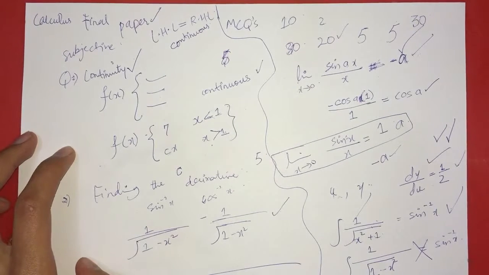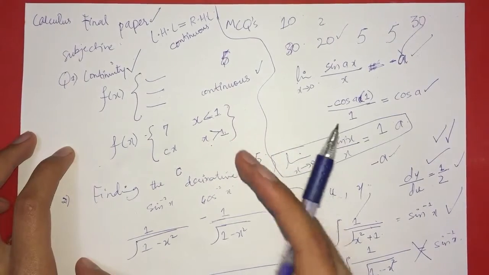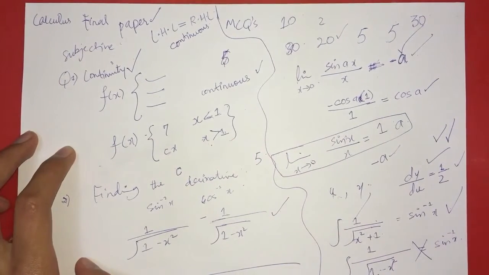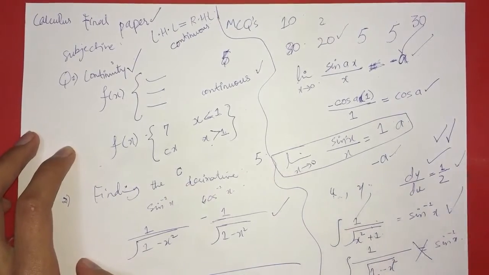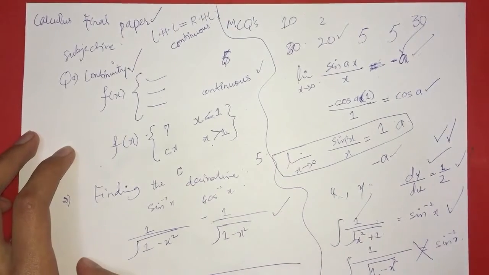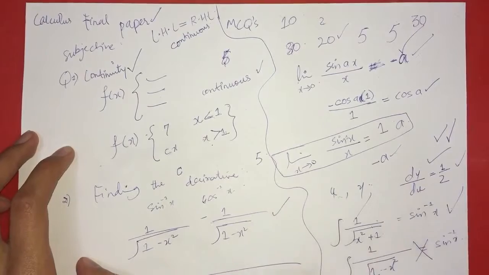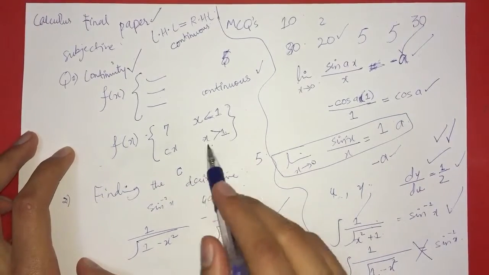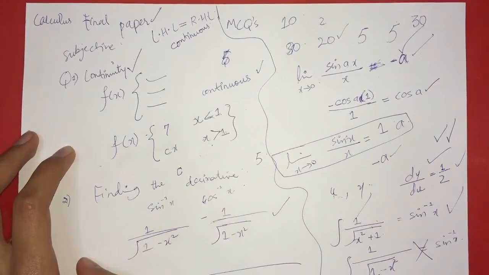And when x is greater than 1, x is approaching 1 from the right side. So what we do is we take them as equal.